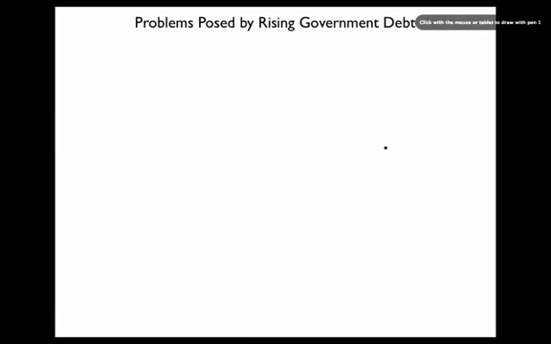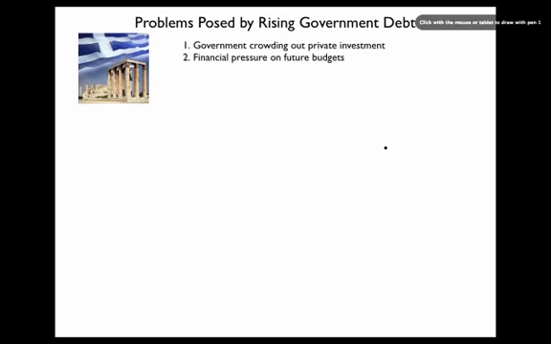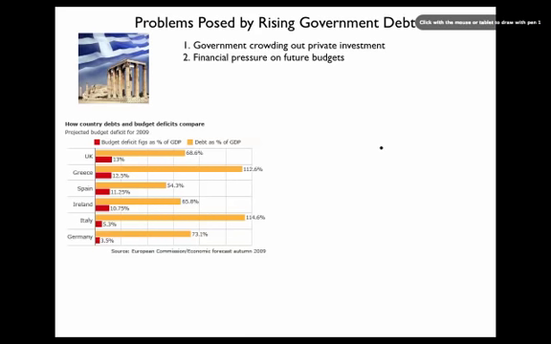Now, problems posed by rising government debt. Two things again we talked about: crowding out private investment and financial pressures on future budgets. Let's take a look at our friends in Greece as a great example of this happening. So what's happened in Greece? Well, take a look first at how the country's debts and budget deficits compare when you're looking at Eurozone countries.